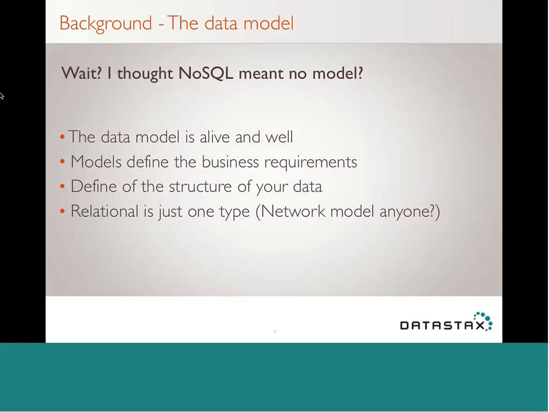And so how does that work? Just like everything else where you model data, your data model is going to define those business requirements. So, hey, I'm building an application that stores things. Okay, what are those things? How do you want to store them? How do you want to retrieve them? And then the structure of data goes down to even the types of data. I want to store ints, I want to store longs, I want to store text.